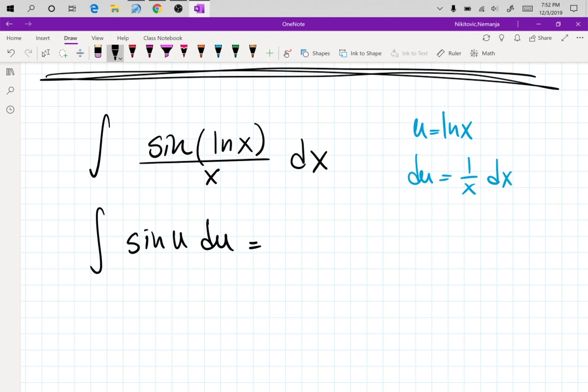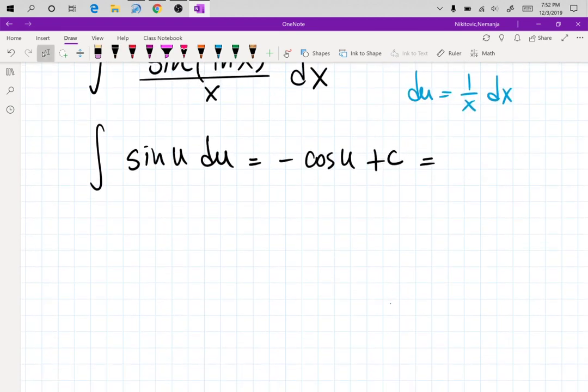The integral of sine u is negative cosine u plus c. Then what? Are we done? So what next? There it is.